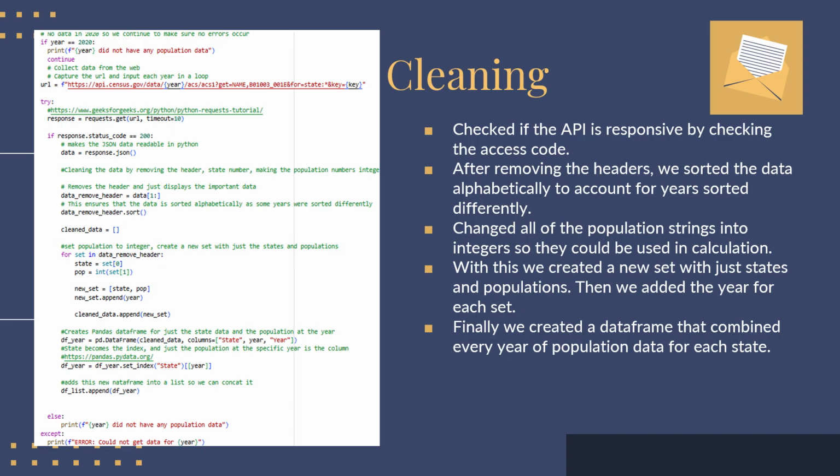After this, we also changed all of the population number strings into integers so that they could be used later in calculation. And with this, we created a new set with just the states and population numbers, and then appended the specific year for each set. And finally, we created a data frame that combined every year of population data for each state.